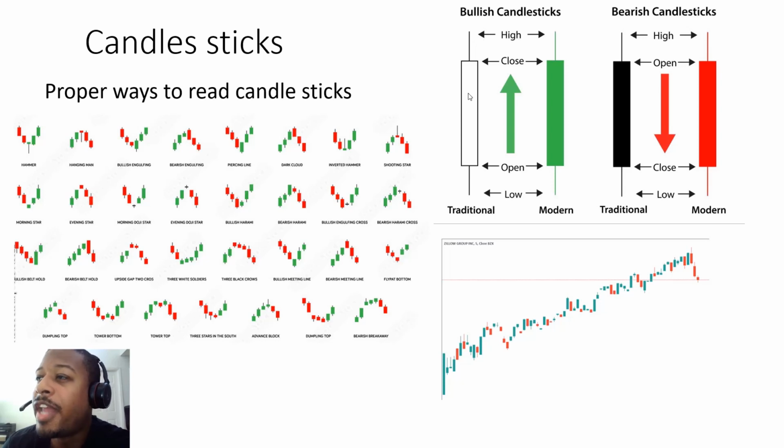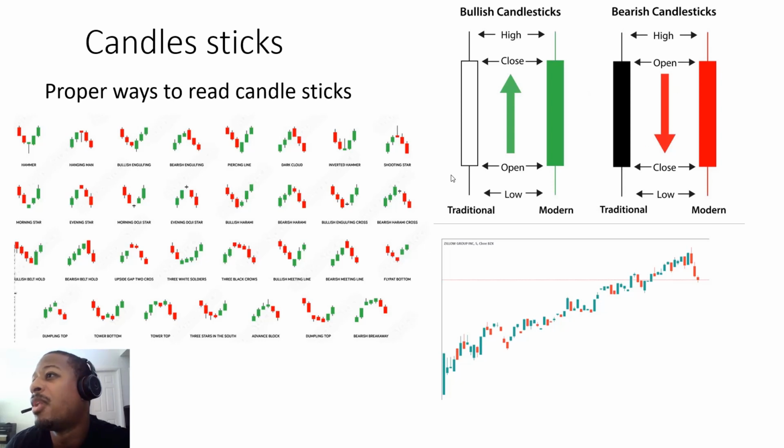Okay. Now, whether it's white or green or black and red will let you know if it's a bullish candlestick, meaning that it's going up, or a bearish candlestick, meaning that it's going down. So for example, here the bullish candlestick is going up and the bearish one is going down.